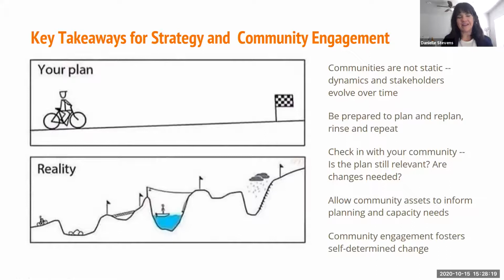But unfortunately, that is not the reality. The reality for the planning and implementation process is really the lower photo. And the reality is that communities are not static, and dynamics and stakeholders evolve over time. Power structures change over time, and that can make the planning process incredibly frustrating.